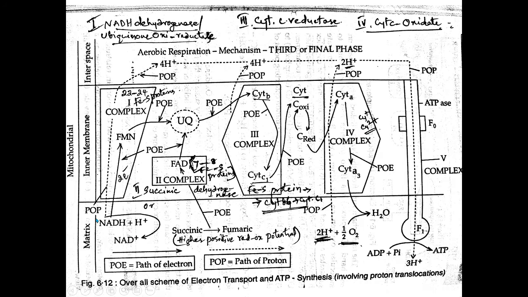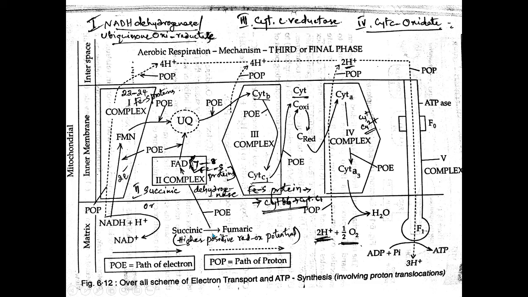part in the oxidation of NADH. But we also have FADH, which is formed in the Krebs cycle. These FADH do not enter into complex 1; they enter into complex 2. Here FAD is a coenzyme.